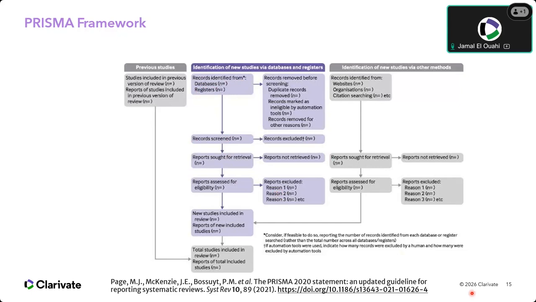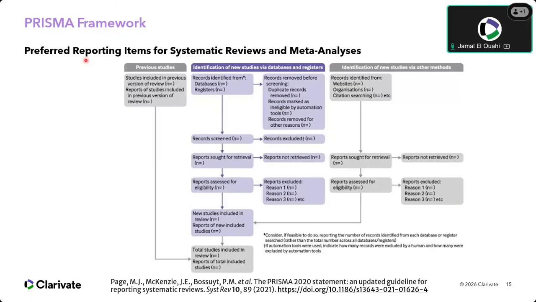And at the end, you get your final number of results. So that improves the transparency of your work, and it also helps readers to understand exactly how the final data set was obtained when you were doing your study. So PRISMA, very important, Preferred Reporting Items for Systematic Reviews and Meta-Analysis. You have those 4 main stages: the identification, the screening, eligibility, and inclusion.